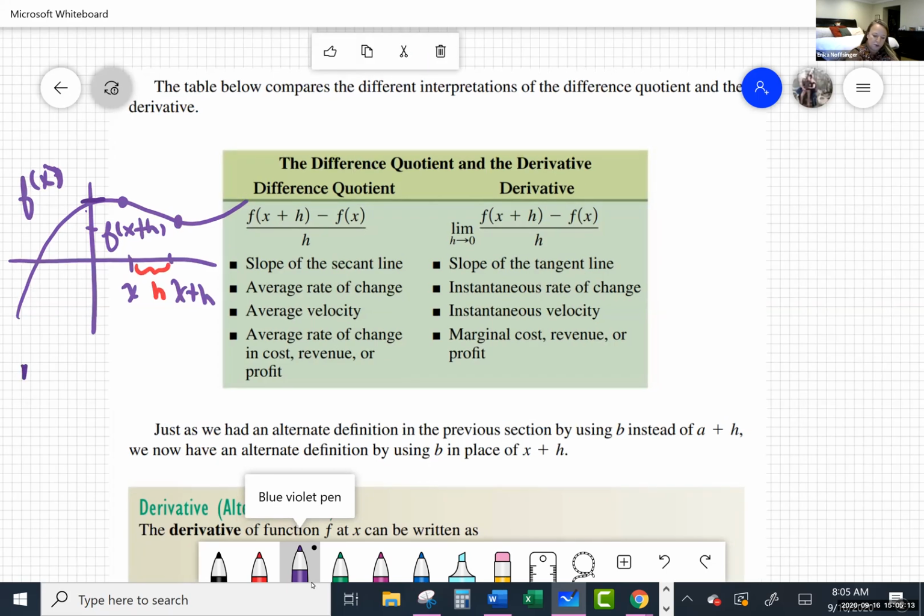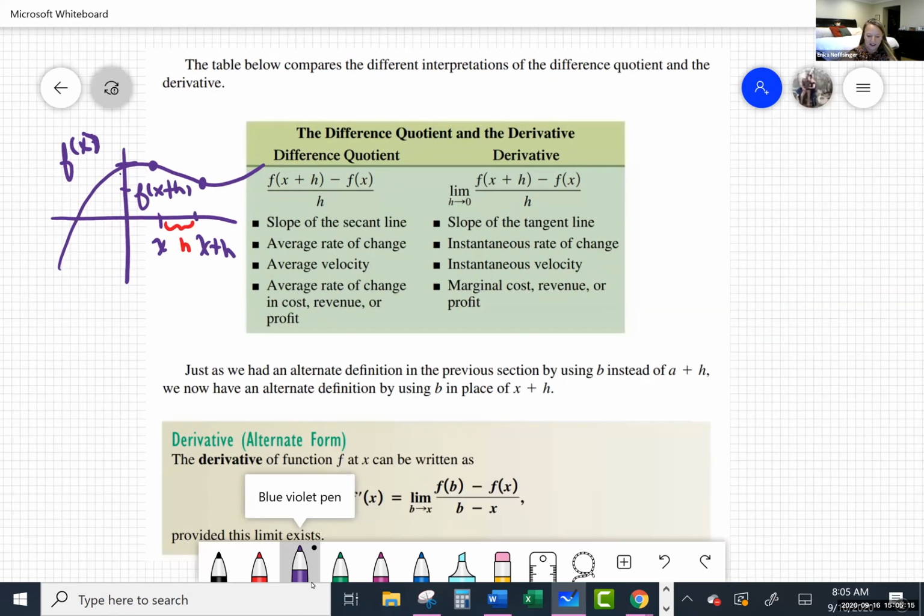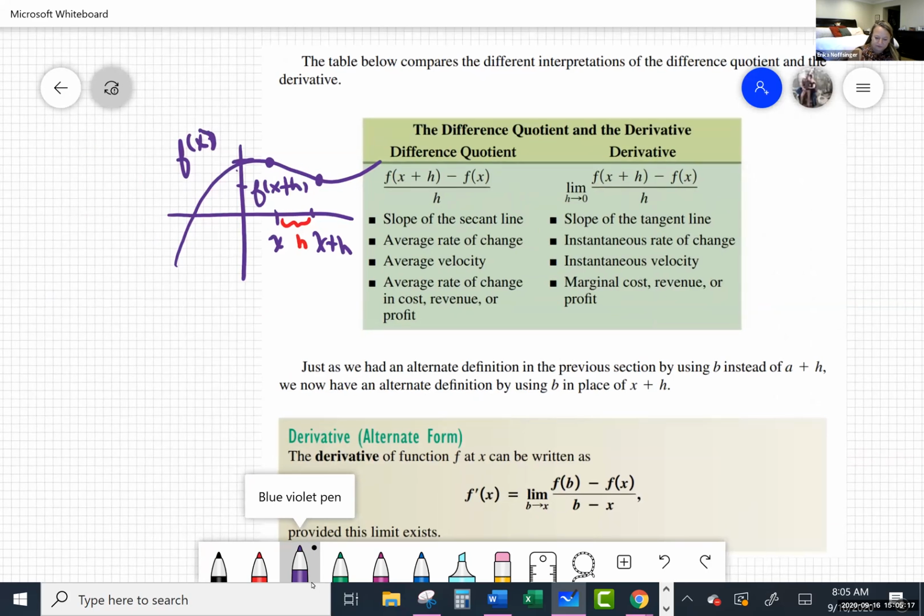And so our slope is equal to the change in our y value, f of x plus h minus the f of x value, all over the change in our x value, so x plus h minus x.